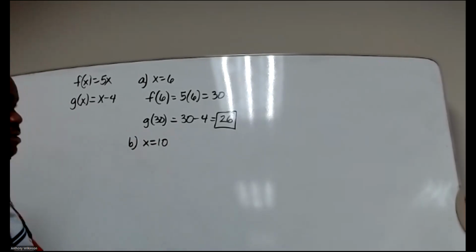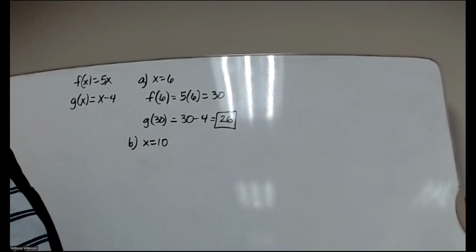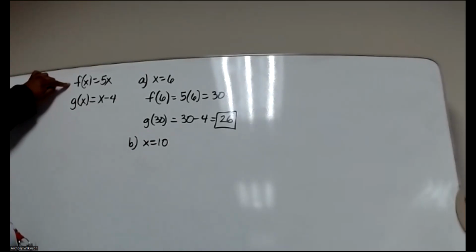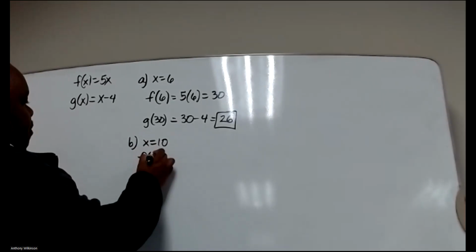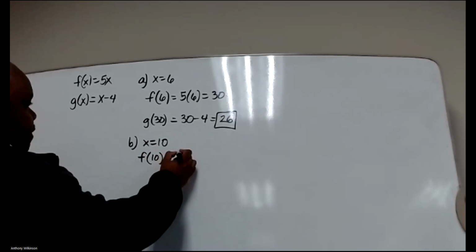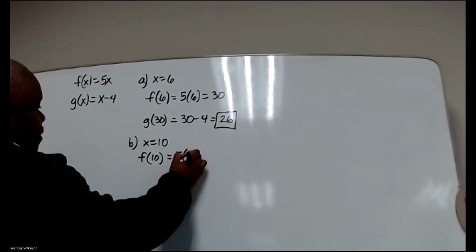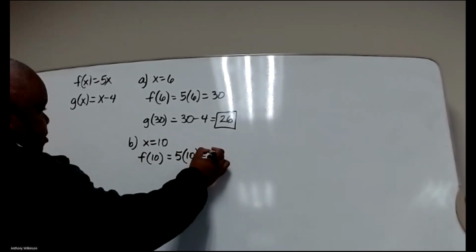Now in part B, we got x is equal to 10. Okay, so we start off with f of x. So that means we're going to evaluate f of 10. So 5 times 10 will be how much?